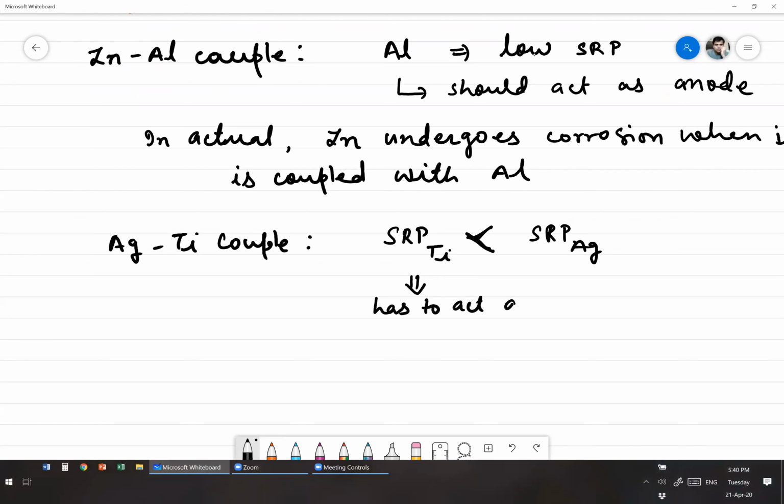So it has to act as anode and undergo corrosion.